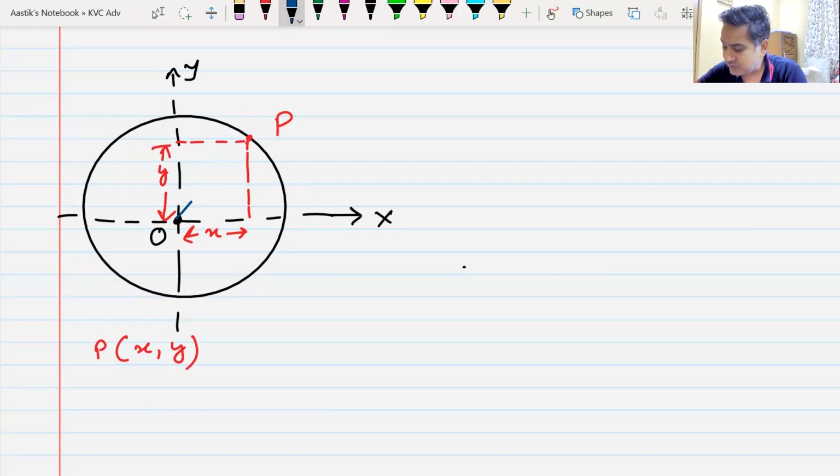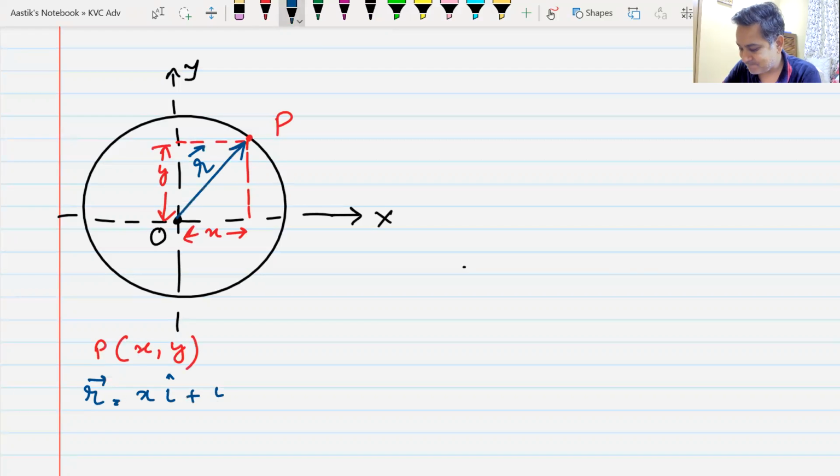In fact, you can also draw a straight line like this, and you can draw the vector r, and you can write this r vector as x i plus y j. Yes or no? You can write it like this, or you can also write it like this. r vector is r cos theta i plus r sin theta j.